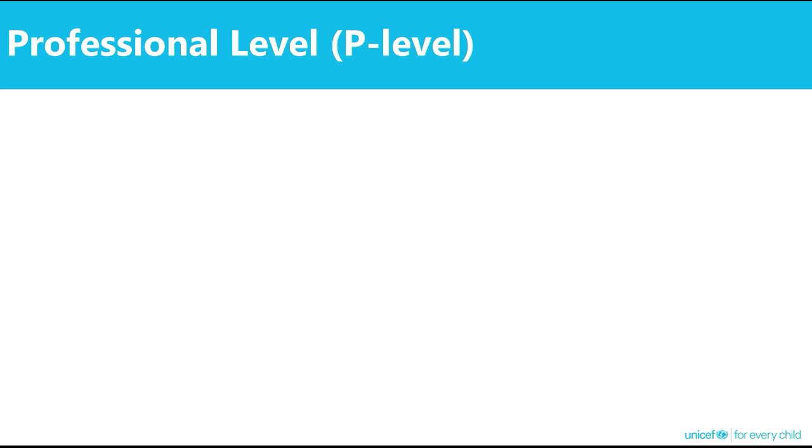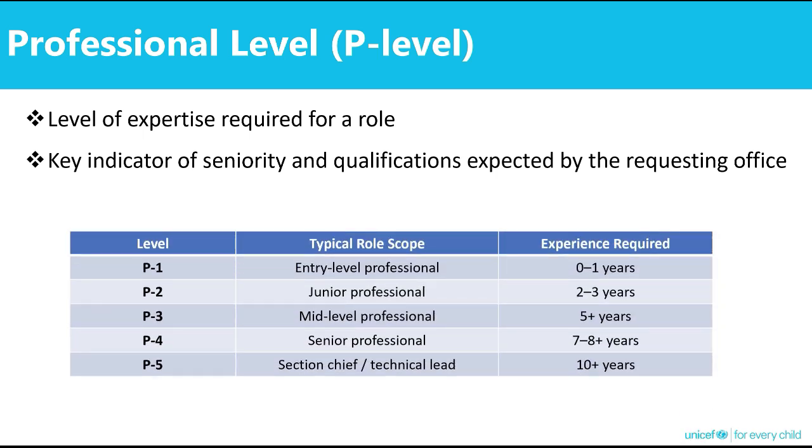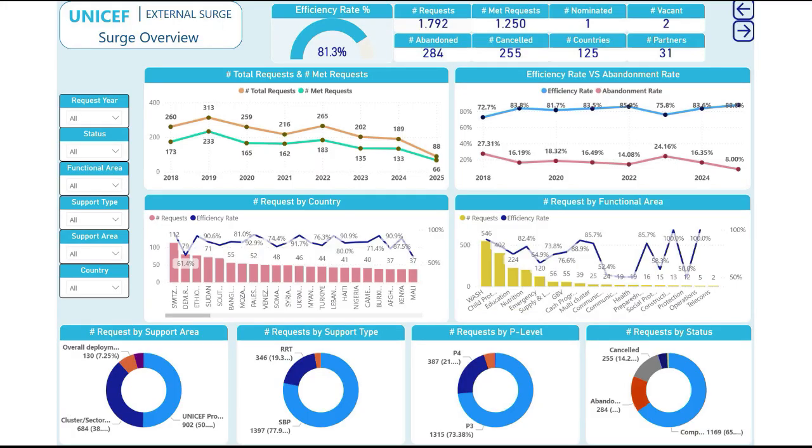All right, professional level or P level. The professional level or P level refers to the level of expertise required for a role. It's a key indicator that helps us understand the seniority and qualifications expected by the requesting office. You can see the different P levels and what they represent in this table. And where to find P level information in the dashboard?